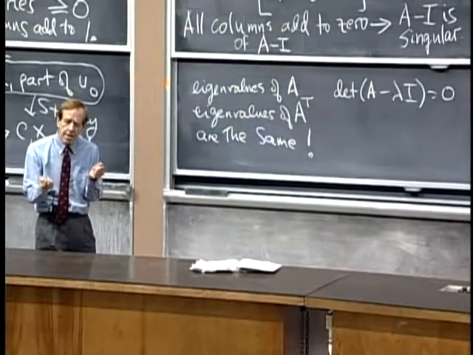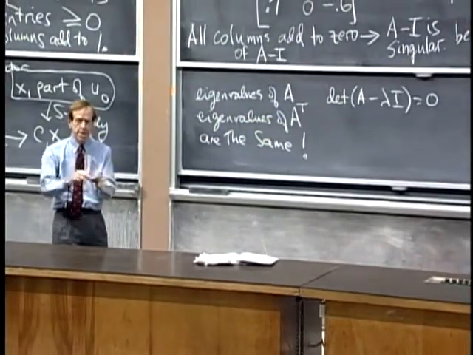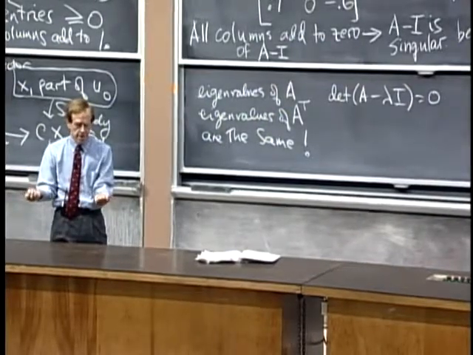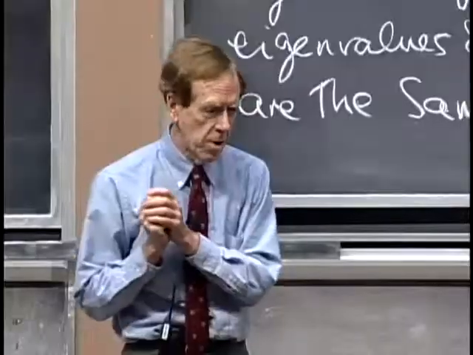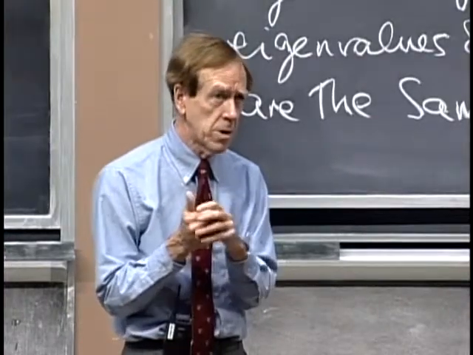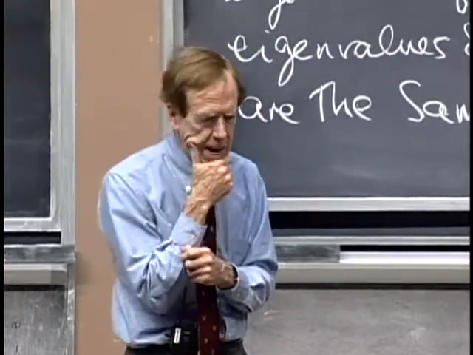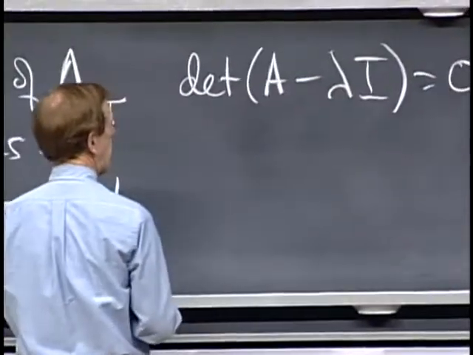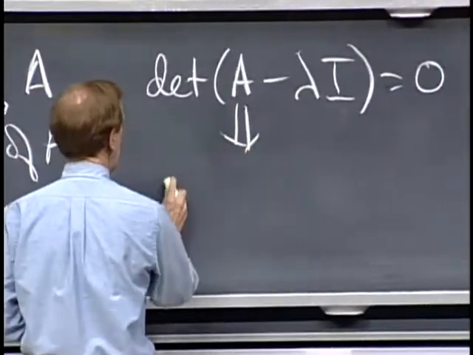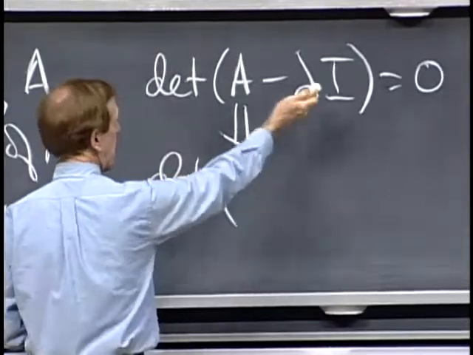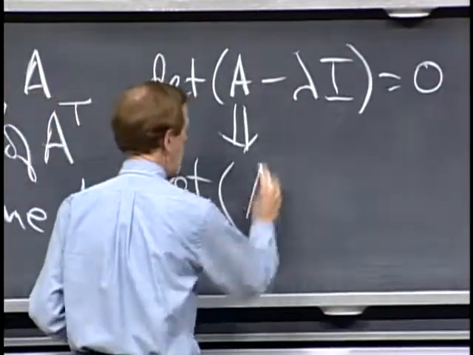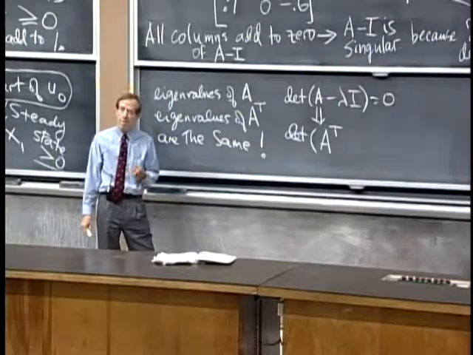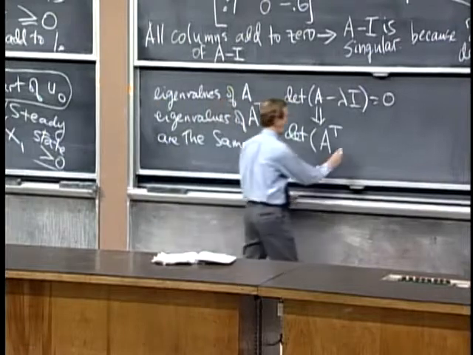I'll use the fact that the determinant of a matrix and the determinant of its transpose are the same. That was property 10, the very last guy in our determinant list. So I'll transpose that matrix. This leads to this. I just take the matrix and transpose it. But now what do I get when I transpose lambda I? I just get lambda I.